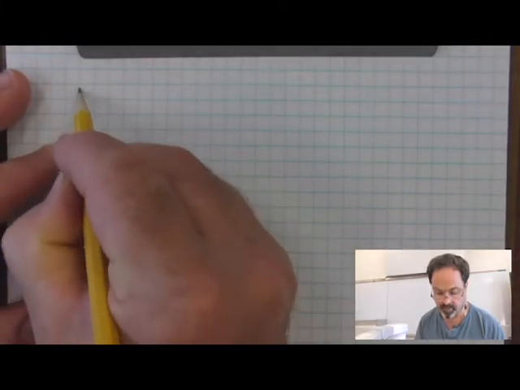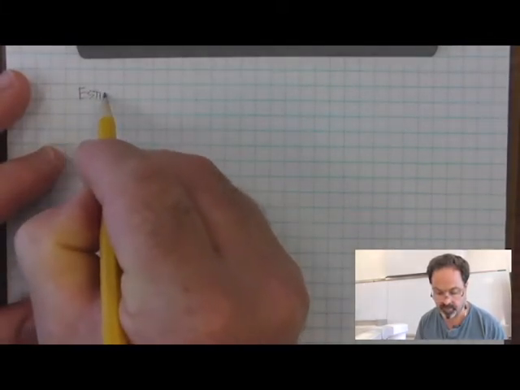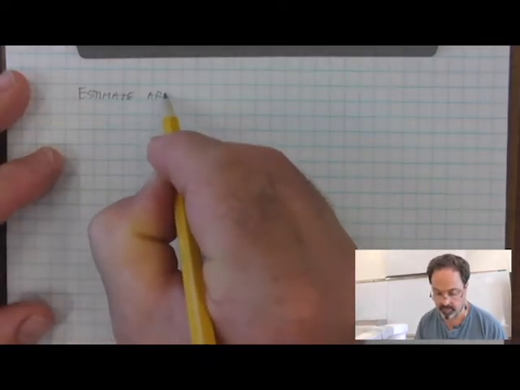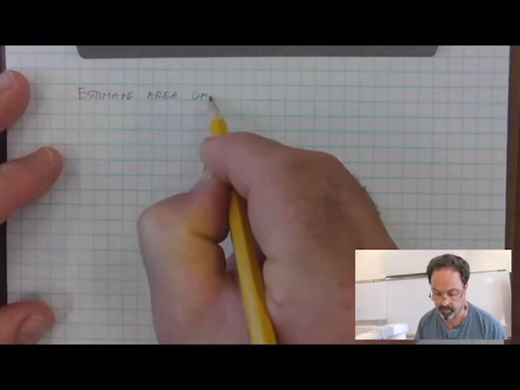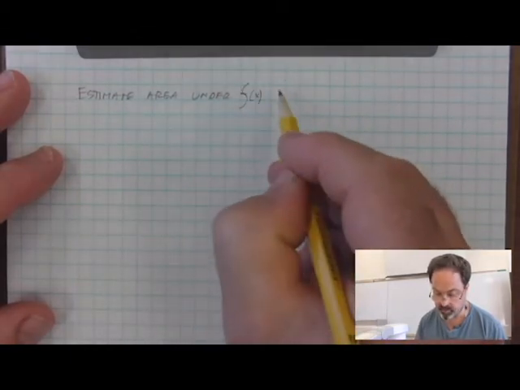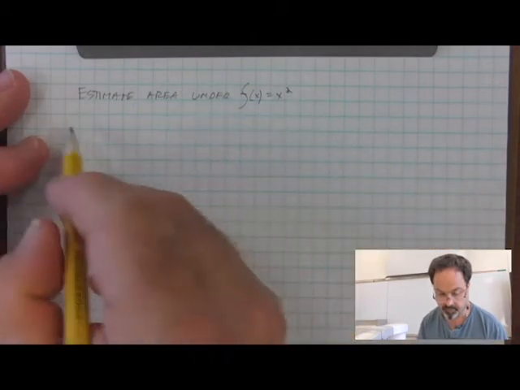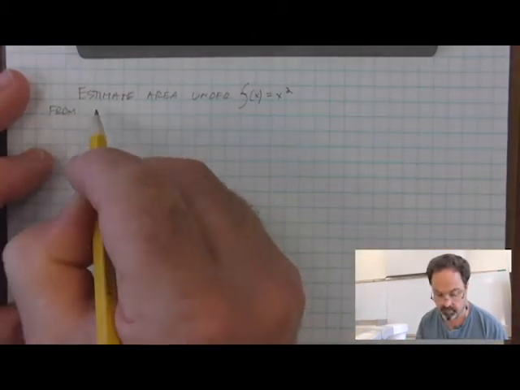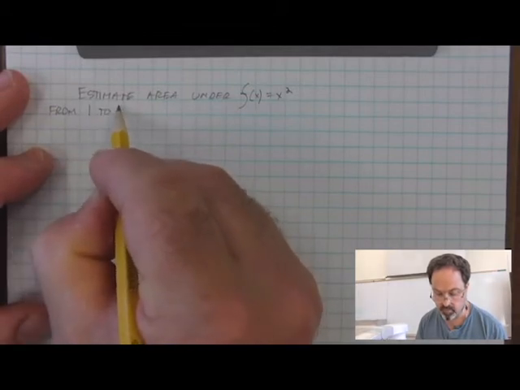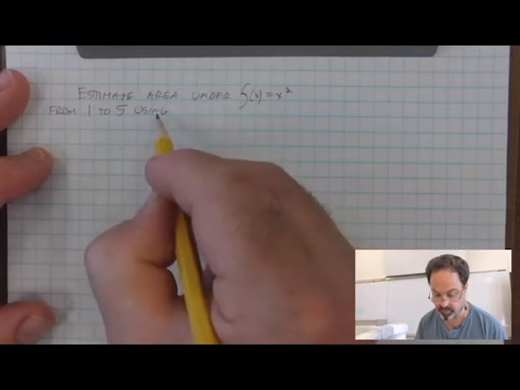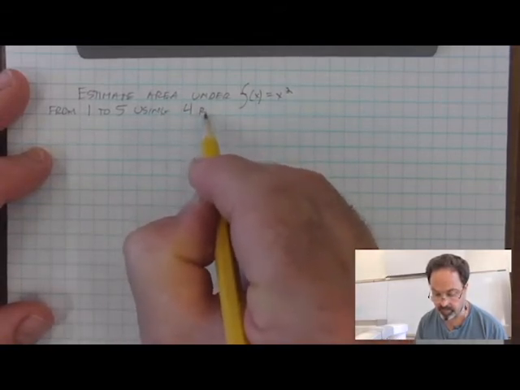We could be asked to estimate the area under a function and be given that function on an interval like from 1 to 5 using 4 rectangles.